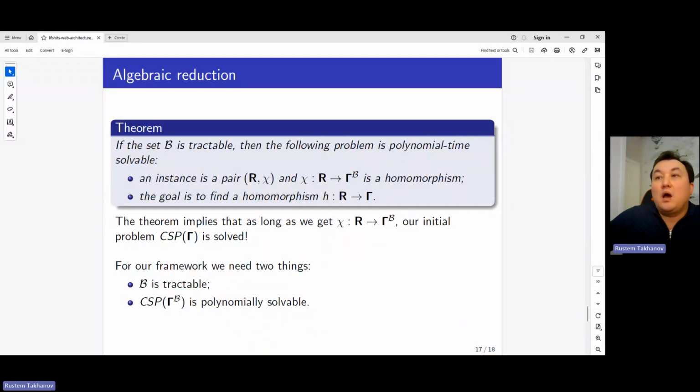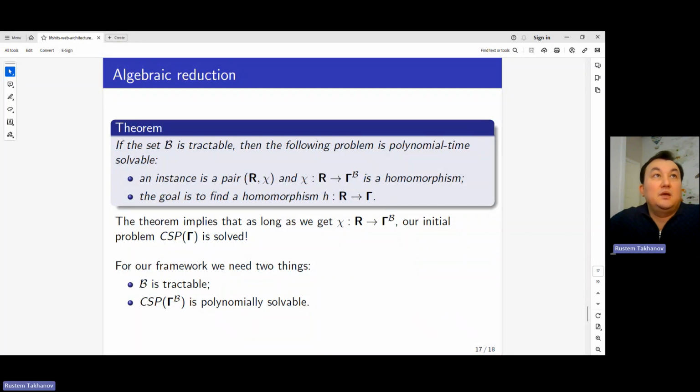So what does this mean? It means that if our collection of algebras B was chosen in such a way that gamma superscript B is always tractable, and moreover, if in our collection B all algebras are themselves tractable, then we can apply the following strategy to solve the initial CSP gamma problem. We can first find a homomorphism from R to gamma superscript B, and then using that structure, we can efficiently find a homomorphism from R to gamma.